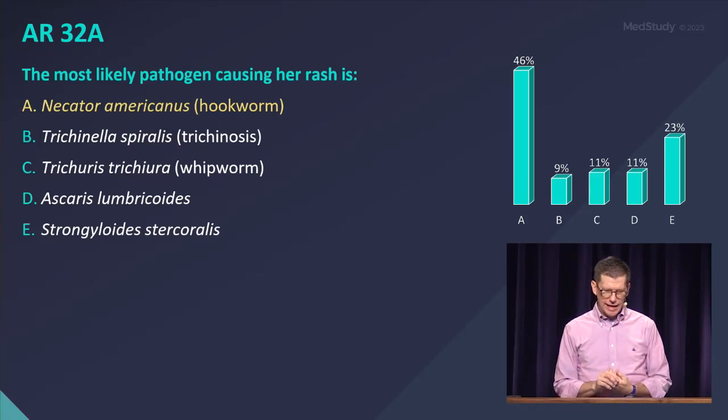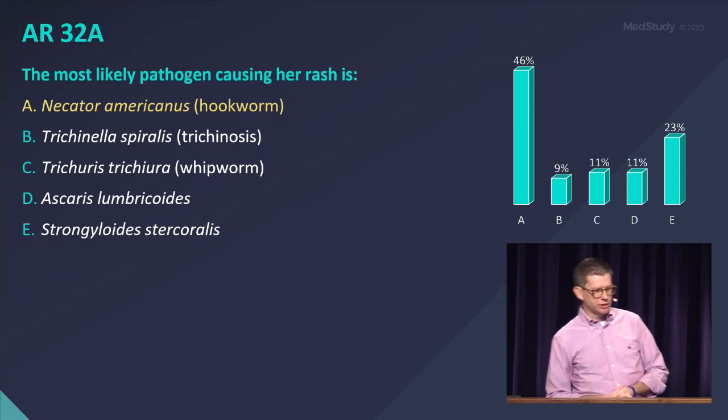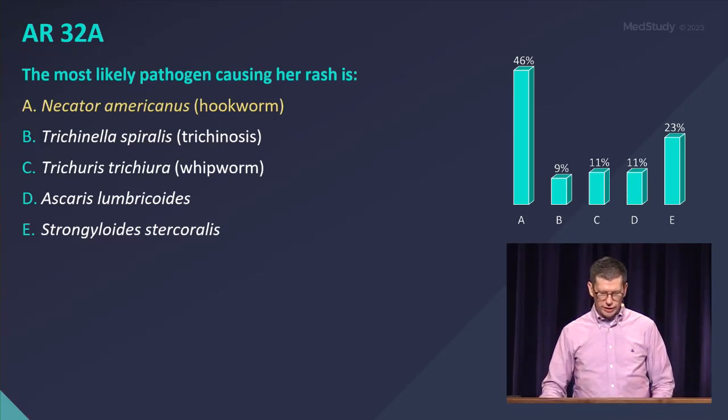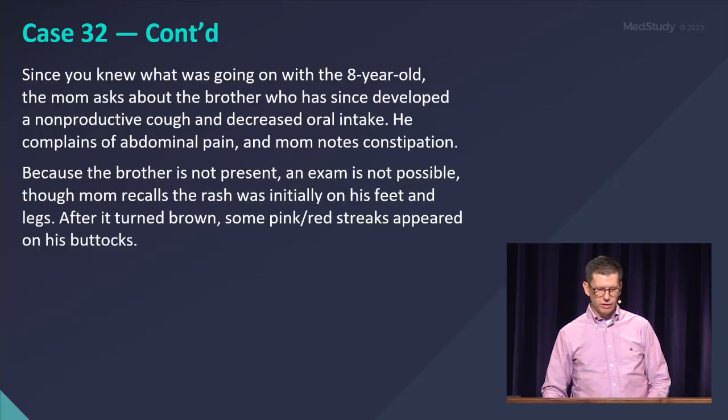All right, so A is the answer. This is hookworm. None of the others really have any dermatologic manifestations except for the second most common answer here, which is E, Strongyloides.